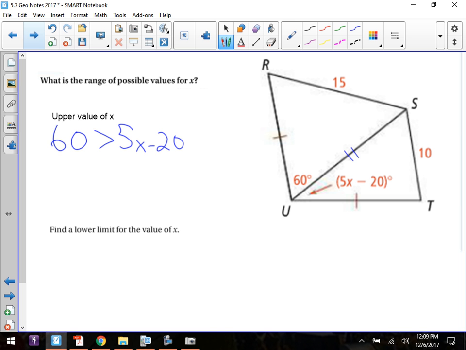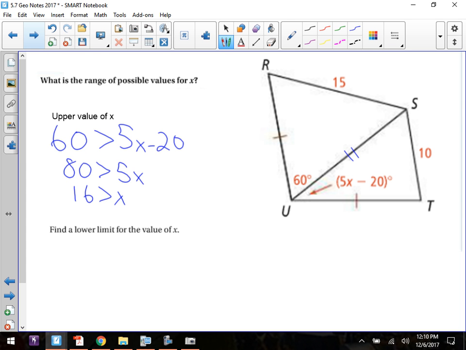The first thing I do is add the 20. I get 80. Divide it by 5, and what do you get? 16, I believe? Okay. So that means my value of x has to be smaller than 16. But what do I do then to figure out what it has to be greater than? What's the smallest angle it could be?